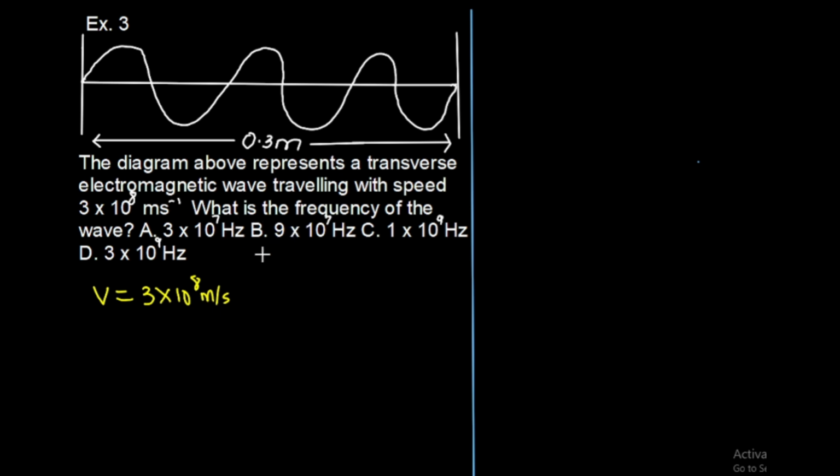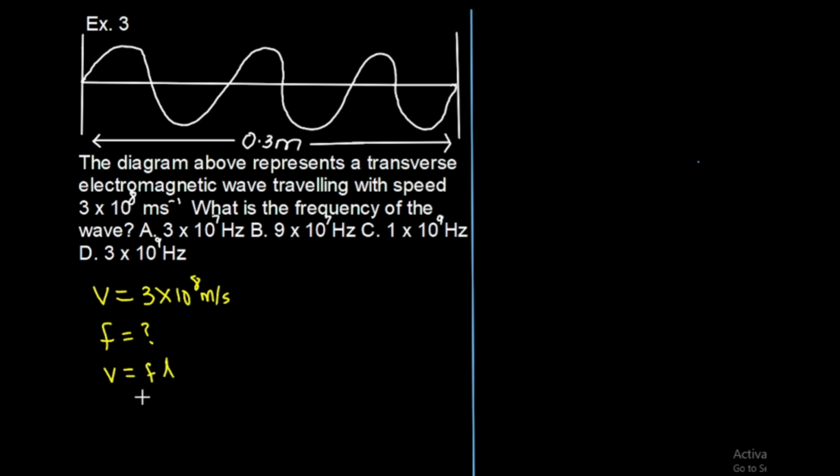So what is the frequency of the wave? We are looking for frequency. Frequency is unknown. So how do we get frequency? Now there's only one formula that relates wave speed and frequency, and that is V equals frequency times wavelength.